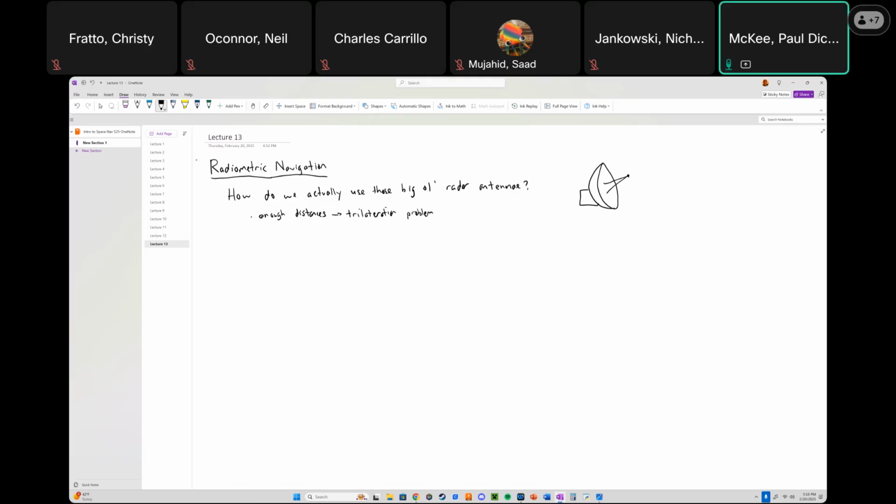You might say, geez, Paul, the tri prefix in trilateration makes me think that enough distances is 3 distances. And yeah, you'd think so, but no, that's not how that works. Similarly, if you have enough line of sight directions, then this is a triangulation problem.